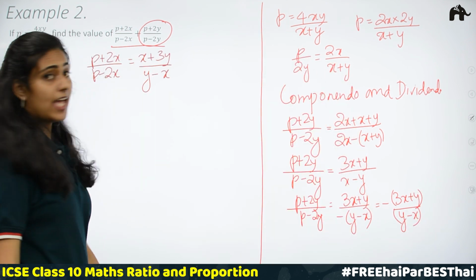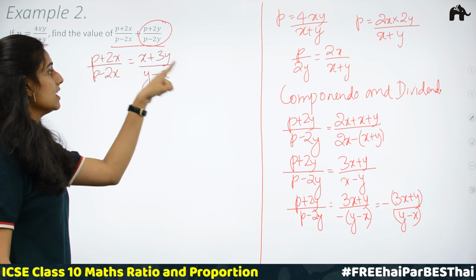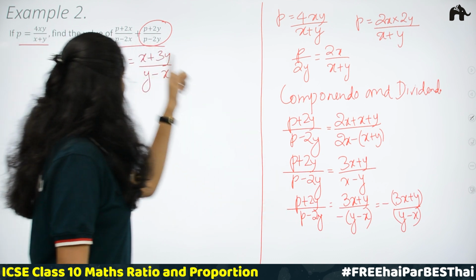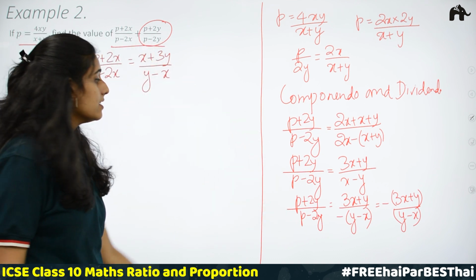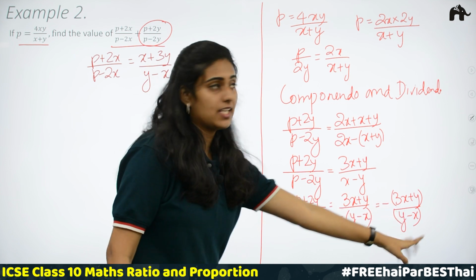Clear? Now we have p plus 2x divided by p minus 2x is equal to x plus 3y divided by y minus x. And p plus 2y divided by p minus 2y is equal to minus 3x plus y divided by y minus x.